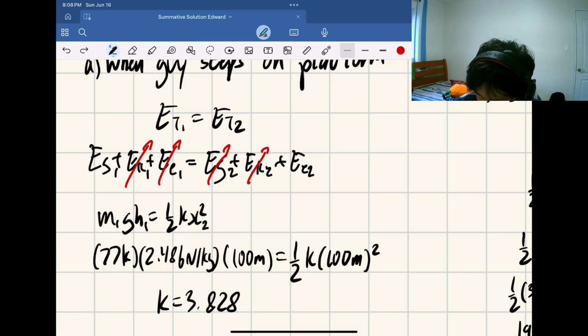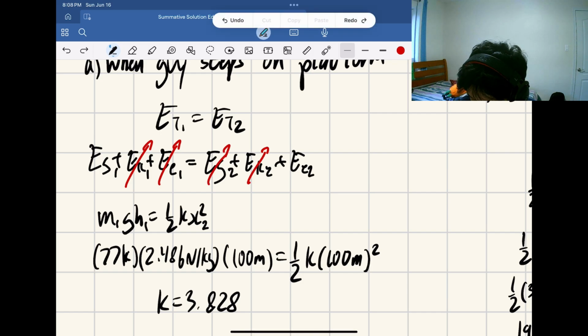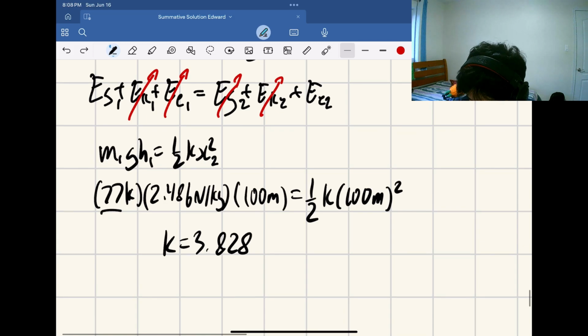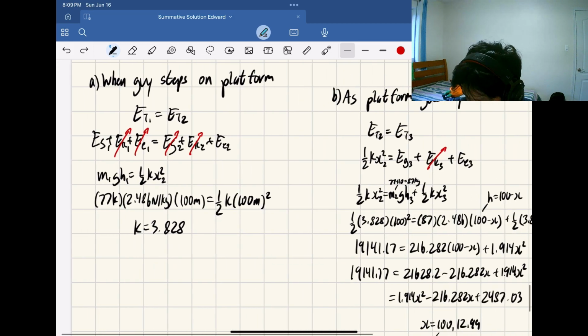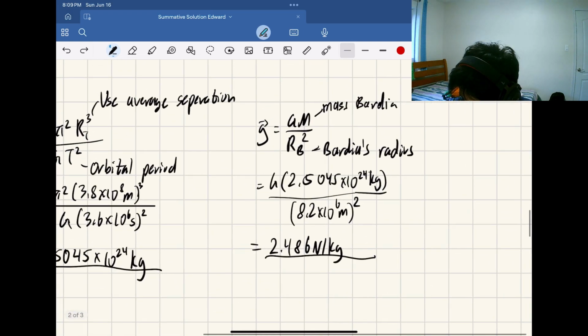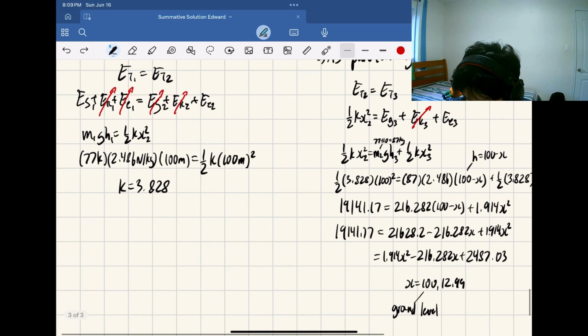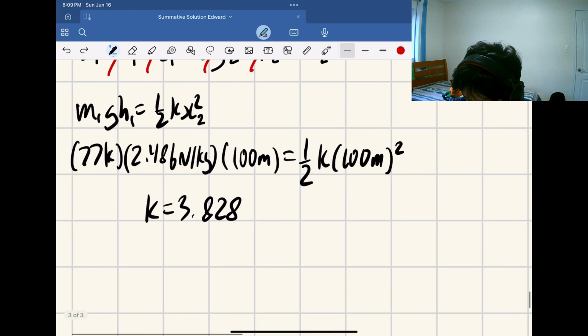So that brings us to mgh equals 1 over 2 kx squared. Plug in our givens: 77 kg, the g value that we found from the planets, times height, which is 100, equals 1 over 2 k times 100 meters squared. Doing this, we find that the k value is equal to 3.828.